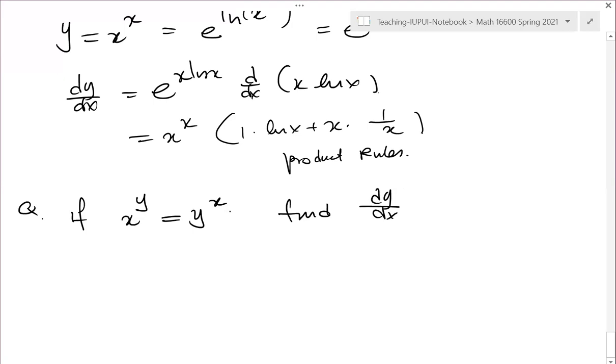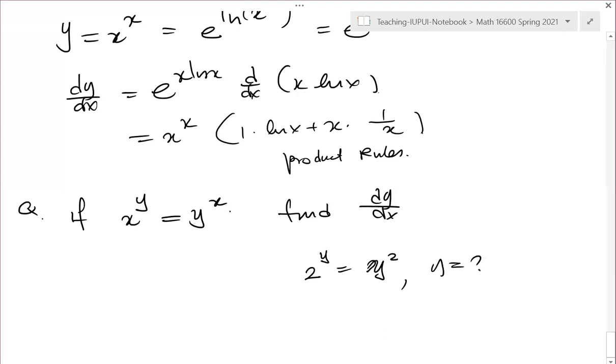For example, when x equals 2, what is the y value? 2 to the y should be equal to y squared. Can you tell what y is? No, it's harder to tell.